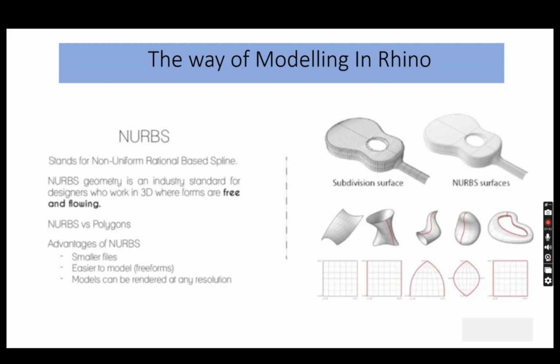The program uses NURBS, non-uniform rational basis spline. It is a geometry that depends on the NURBS or the splines, the lines in the object, but subdivision depends on pixels. The advantages of NURBS: smaller files, easier to model, and the model can be rendered in any resolution.